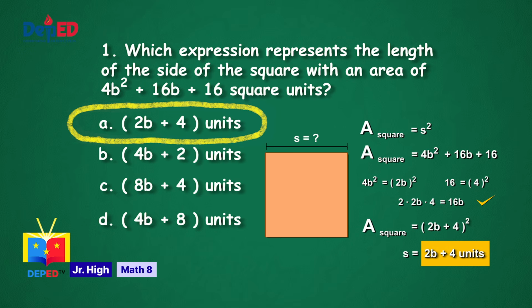The correct answer is letter A, 2b plus 4 units.